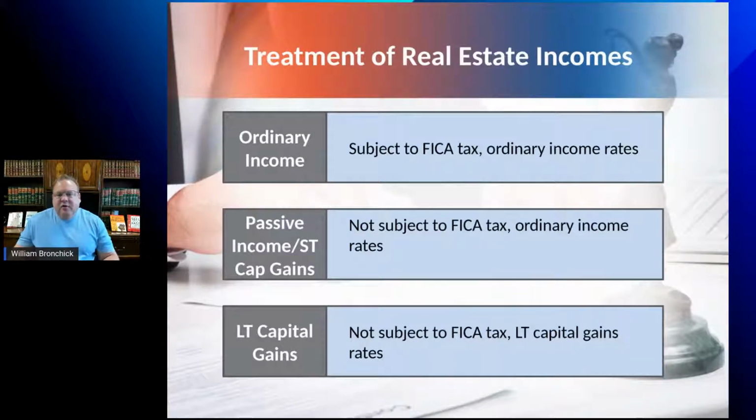And that type of ordinary, also known as earned, income is subject to income tax as well as FICA tax. So you're paying Social Security and Medicare tax on the earnings of that type of income, and it's taxed at ordinary tax rates. As an individual, if you're doing that type of activity, it's the ordinary tax rates, which depending on what category you fall in, what the level of total income for the year, will be taxed at that particular rate.